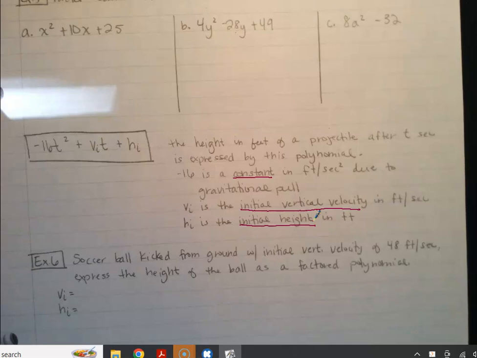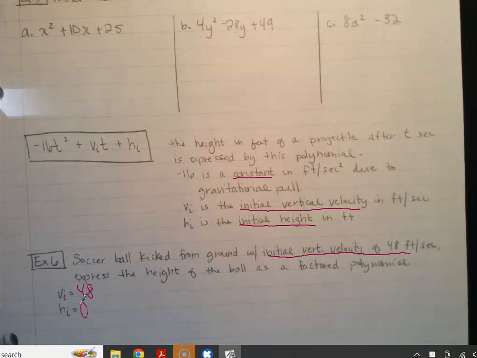What do you think? Is that velocity? It tells you initial vertical velocity of 48. Yeah, so the v sub I is 48. And how about our height? The soccer ball is kicked from the ground. Ground is 0, right? In this case, the ground is 0.